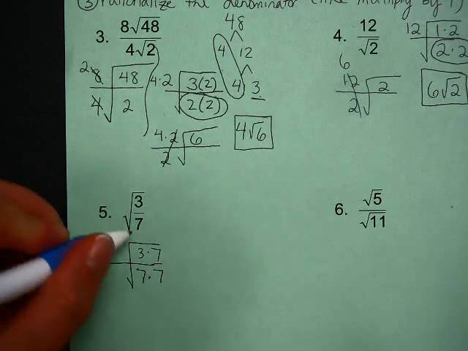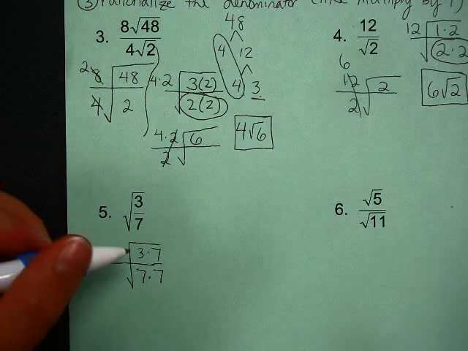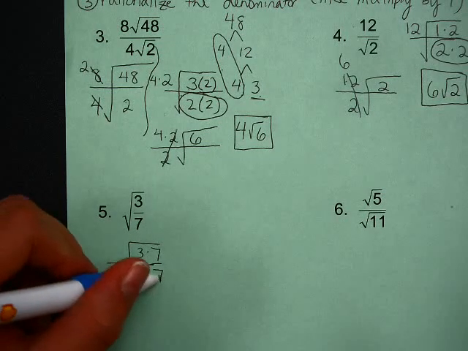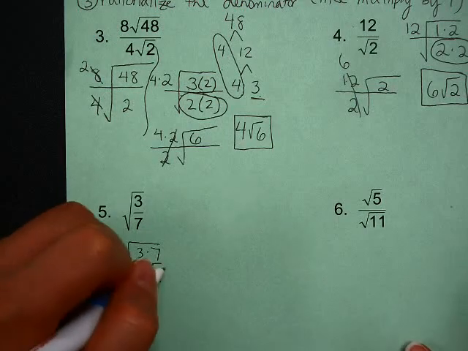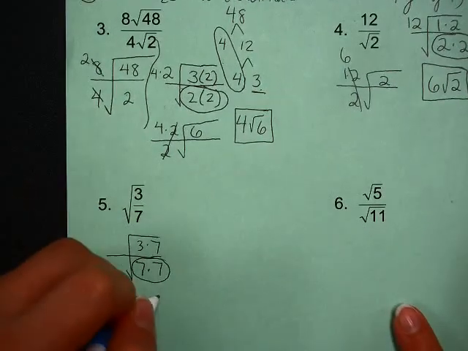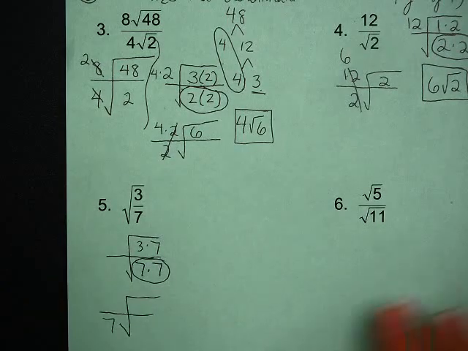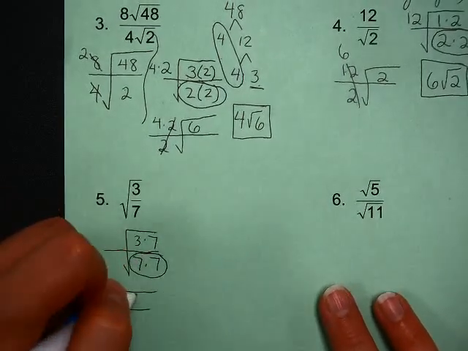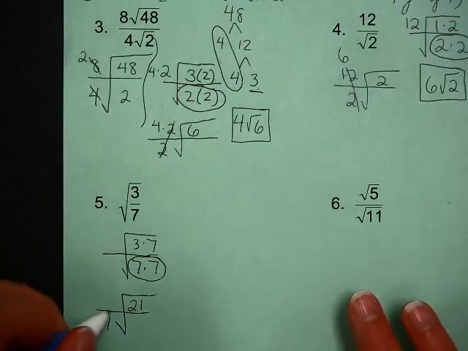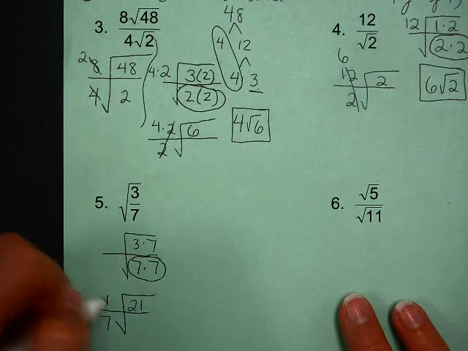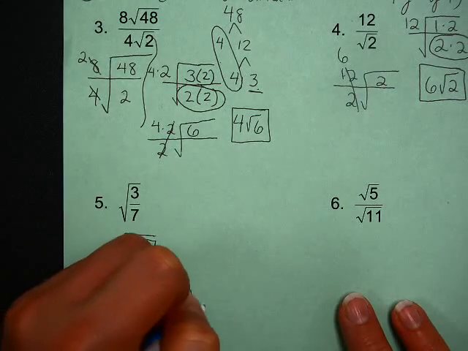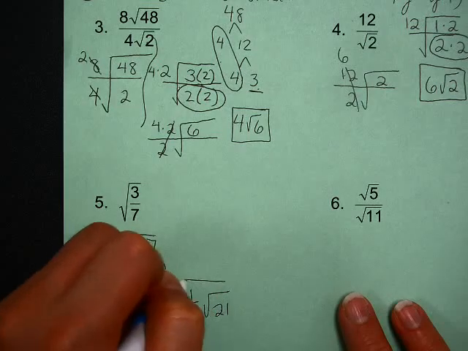Don't fall into the trap of doing it by a 3 so you can get that out also. It has to be the same number in the denominator and the numerator. So this is a pair. So I have a 7 in the denominator. I have a 21 up here, and I have this weird hole in the numerator, so I need to fill it in. So I have 1 over 7 square root of 21.